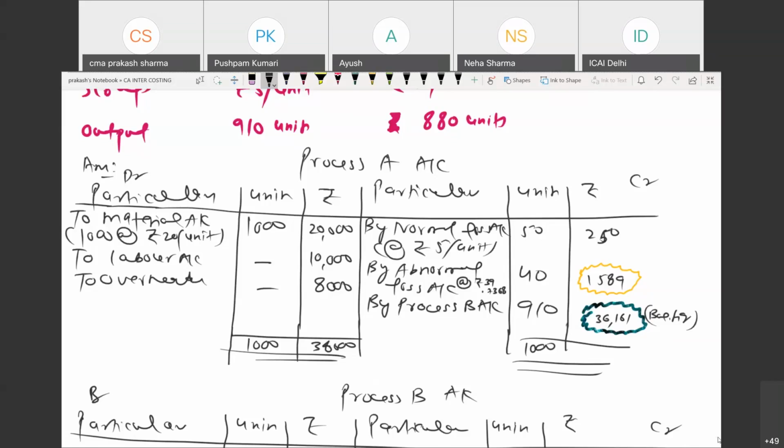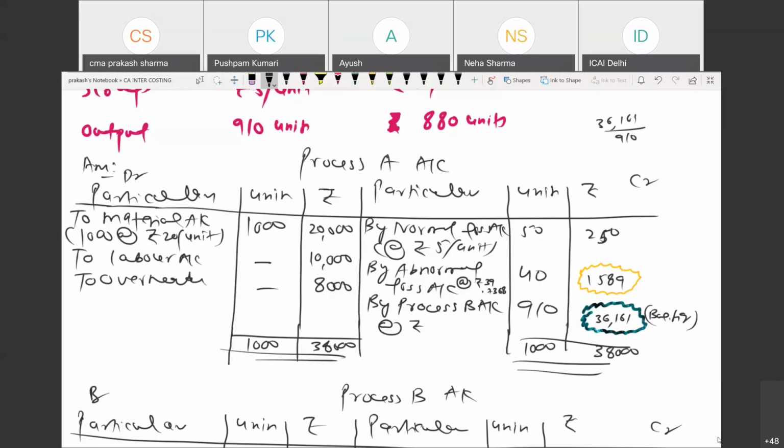Now what you will do, my dear students? Divide this figure of 36,161 by 910. The rate should be approximately equal to 39.7368. Your answer should be 39.7368.